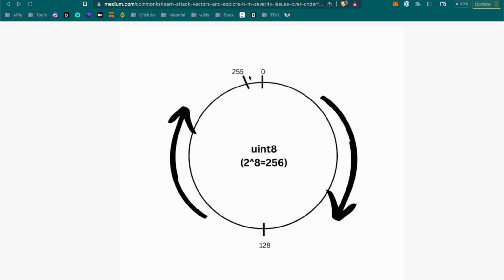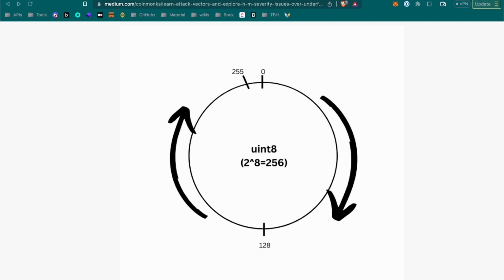As you can see in the picture, this is like the limit, right? Once you add 1 to this, there is no going forward in numbers, but it is kind of reset to 0. Similarly, if you deduct 1 from a uint8 equal to 0, and take into account, of course, that in the uint data type there are only positive numbers, the result from 0 minus 1 will be 255, and this would be known as underflow.